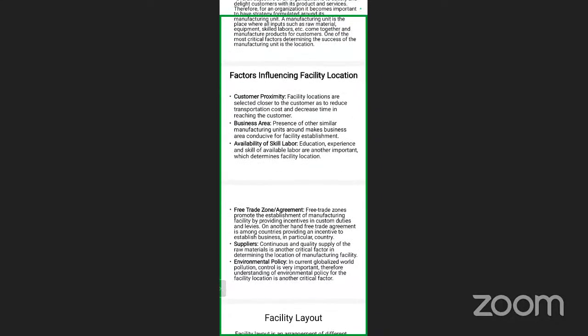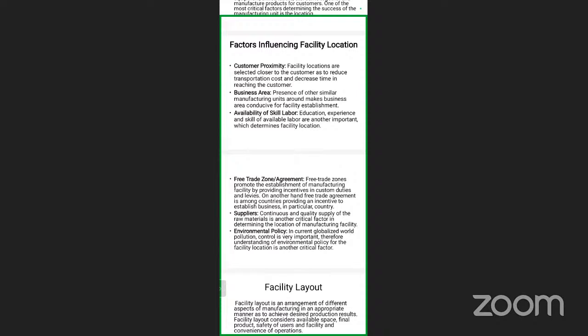When you are dispatching the product, you have to do it within a very short time, then you can deliver your product to the customers. First of all, you have to concentrate. These are the factors: customer proximity, business area, free trade zone, suppliers, environmental policy. These are the factors influencing the facility location.